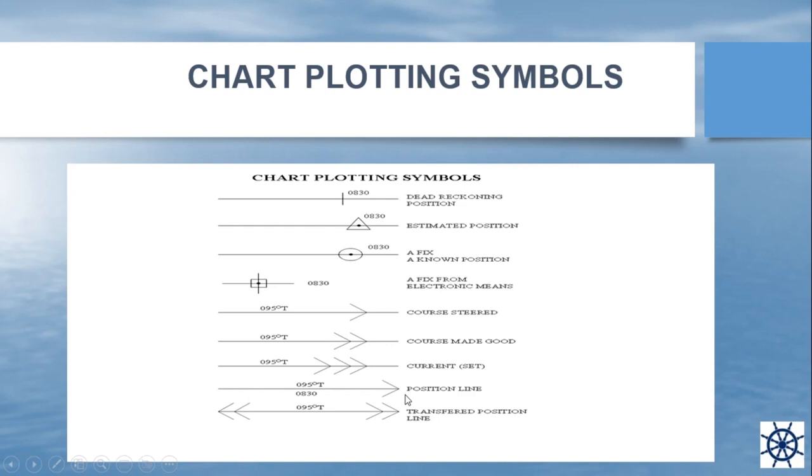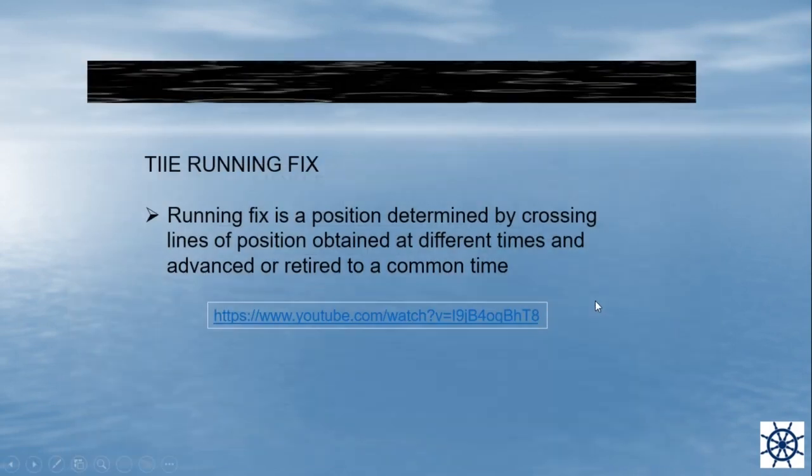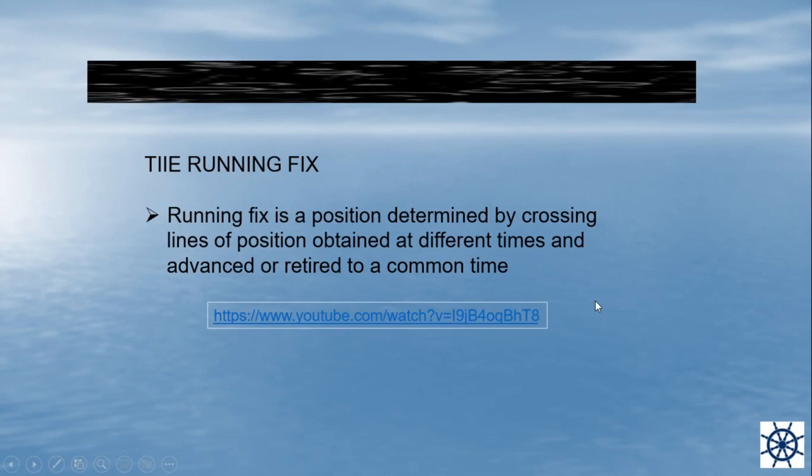Position line: when we are taking a position line coming from any reference point, position lines should be marked with one arrow. And if you transfer a position line, you can use a double arrow at the end of the line. Okay, those are the symbols used in chart plotting.